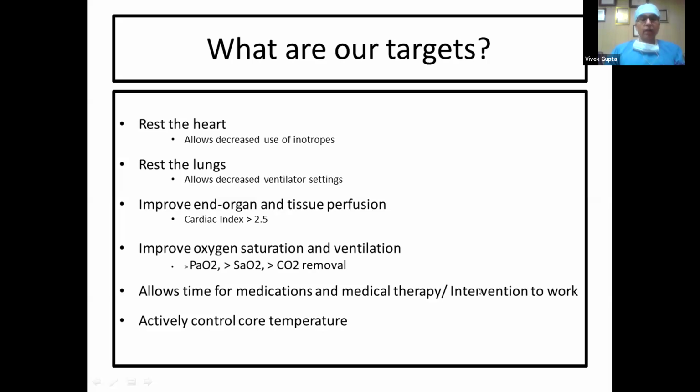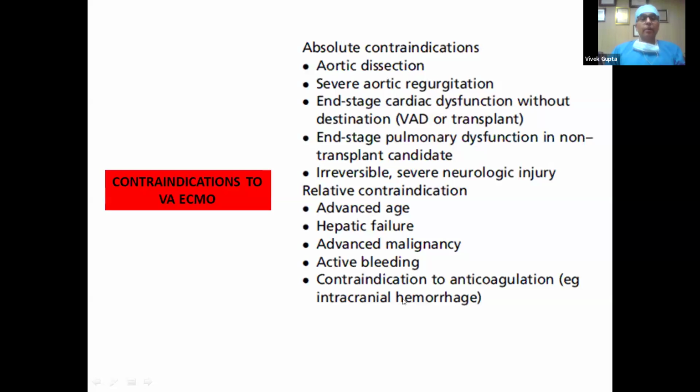We can give rest to the lung by keeping rest ventilator settings, and it helps to improve end organ and tissue perfusion if we maintain a cardiac index around 2.2 to 2.5. It helps improve oxygen saturation and carbon dioxide removal. And definitely it allows time for medical interventions, and we can control the temperature as well.